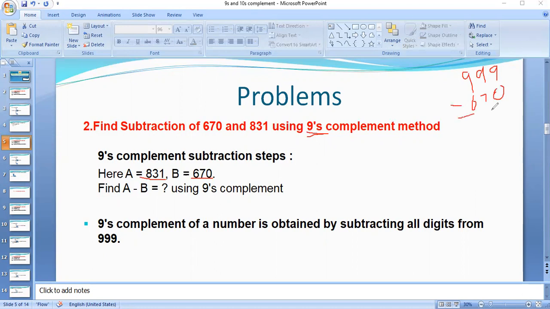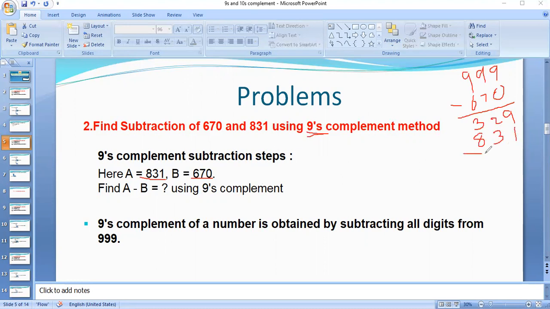Okay, so after subtracting, what is the 9's complement result? 329. This will be the 9's complement result. After that, what we have to do? We have to add this 9's complement result to the minuend. So what is the minuend value? 831.